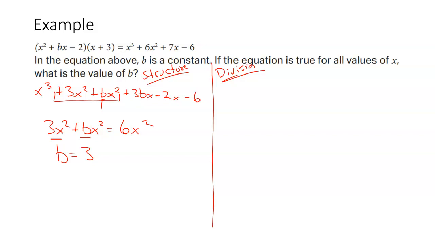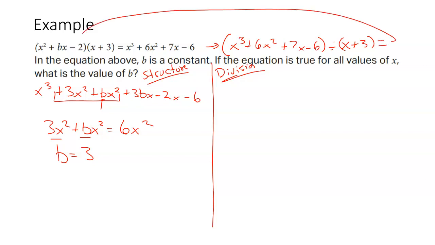So I could rewrite this whole equation as 3x cubed plus 6x squared plus 7x minus 6 divided by x plus 3. Let me write that a little more neatly. And that will equal that quadratic. By finding that quotient, I'll clearly see what b is. Not the easiest way for solving this particular problem, but it is a skill that you still need.